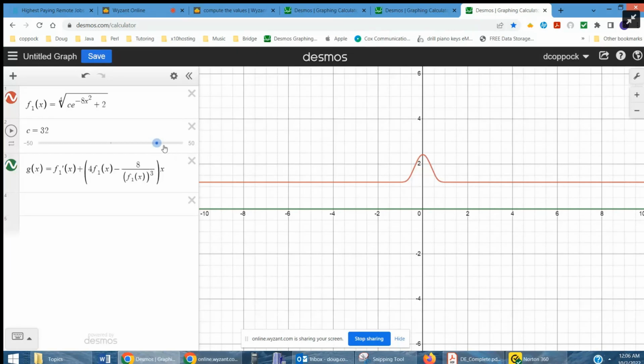And there's different values of c, but g of x is equal to, well, there's that f prime, that's the y prime, plus that 4y minus 8 over y cubed times x, and that turns out to be this green dashed line, which is 0. So that looks like that is the correct solution.